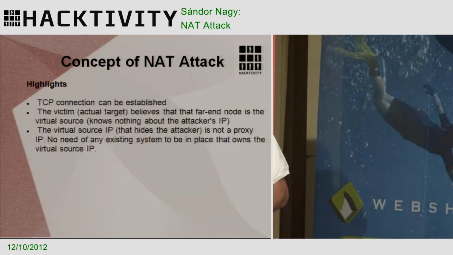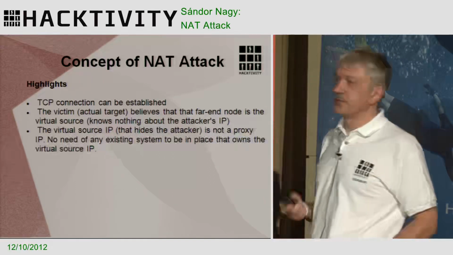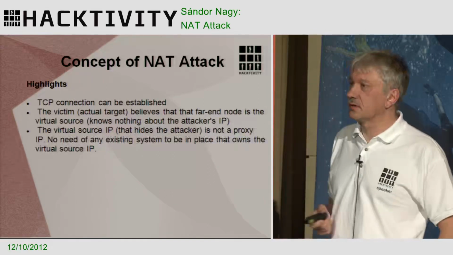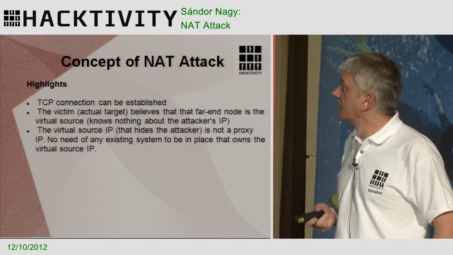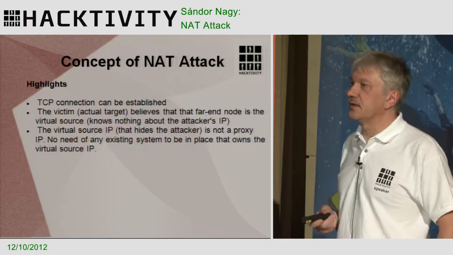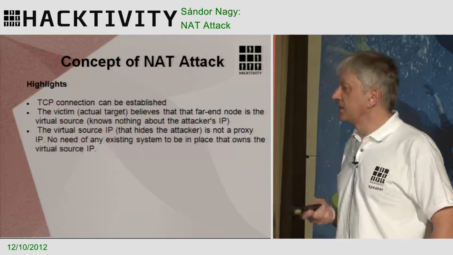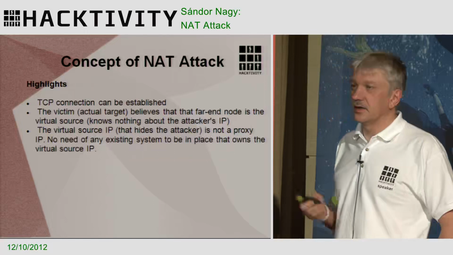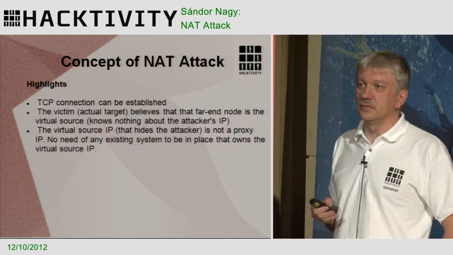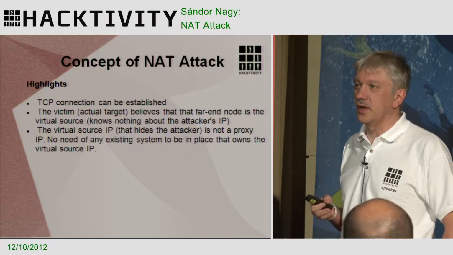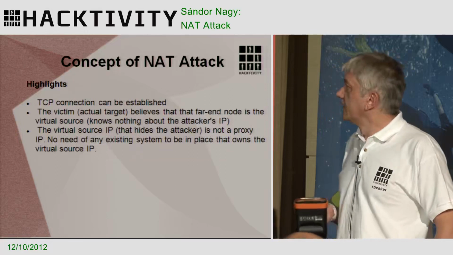So that was the procedure in the concept. And the highlights are that a TCP connection can be established, and the victim, the actual target, knows nothing about the attacker's real IP address.